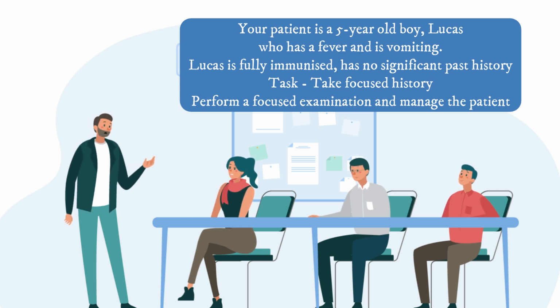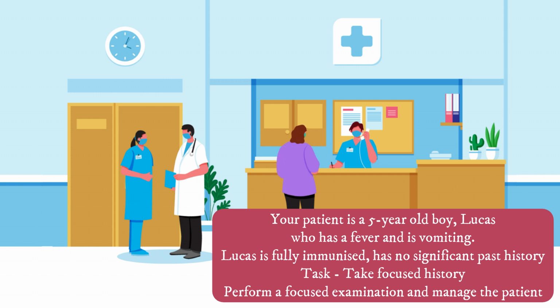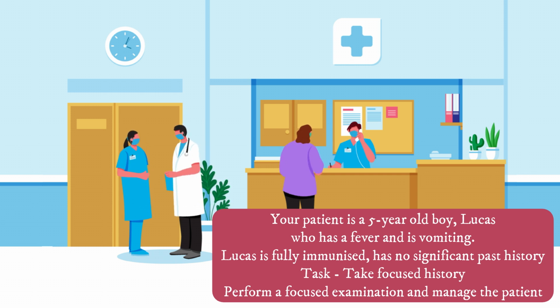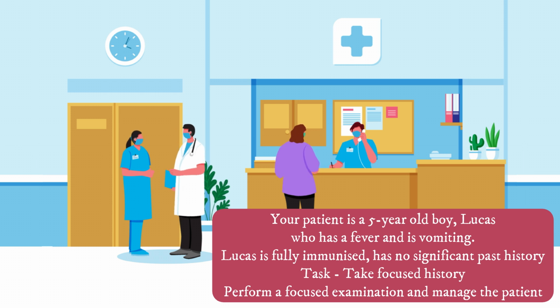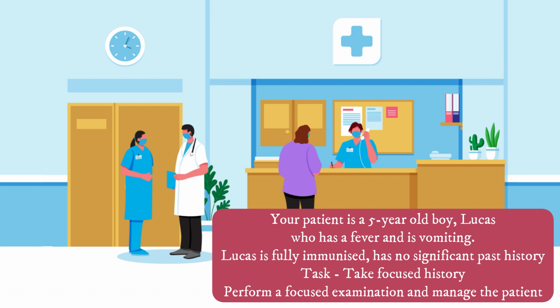If the scenario says it's a rural location, then everything will change, because the nearest hospital can be 500 to 700 kilometers from where this rural location is, and there are very minimal facilities, like there may not be an X-ray machine available, or there may be no CT scan, or there may be no MRI at all in the rural location.